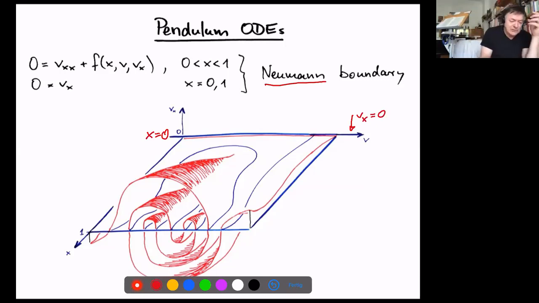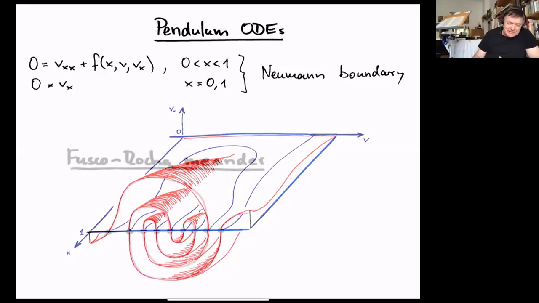1 is a large number, for example, if I write epsilon squared here in front of the v_xx. And then my differential equation will start swirling and mixing this horizontal line around, like when you are putting a little bit of milk in tea, and you start stirring, but not too much, so that it doesn't diffuse too much. And then you get a surface of solutions, which at x equals 1 defines a curve.